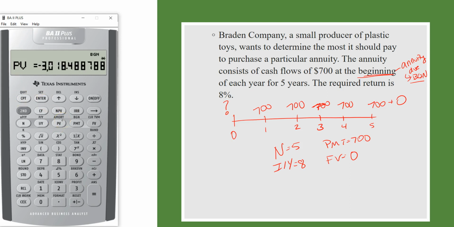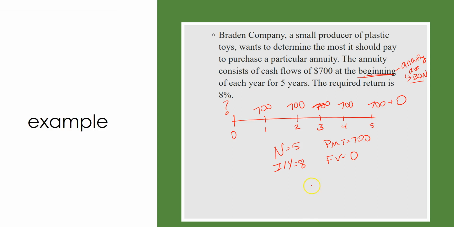We have $3,018.49. Notice that we're willing to pay more for the annuity due than we were willing to pay for the ordinary annuity. So we're willing to pay up to $3,018.49.